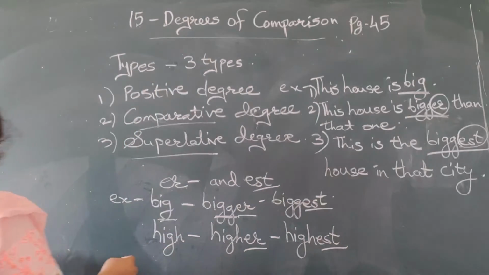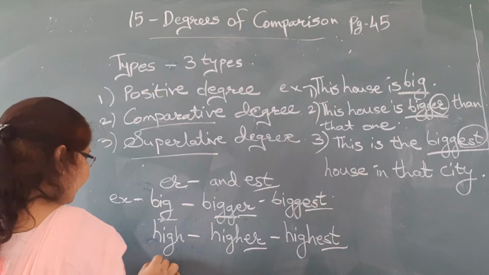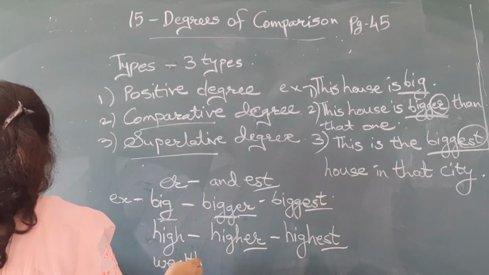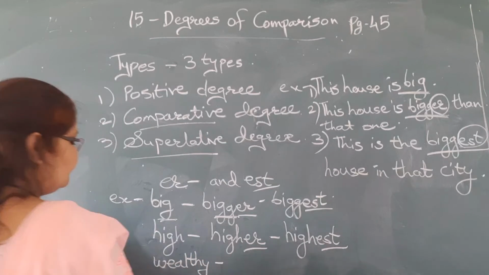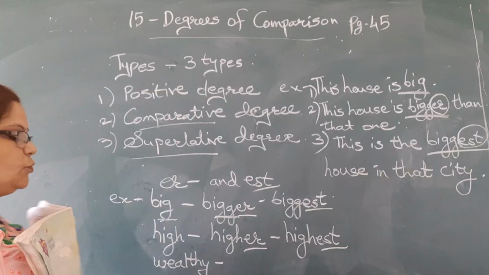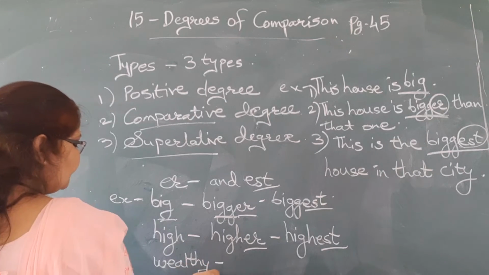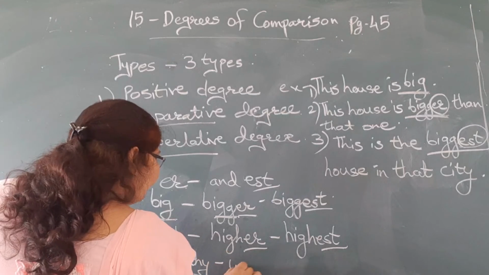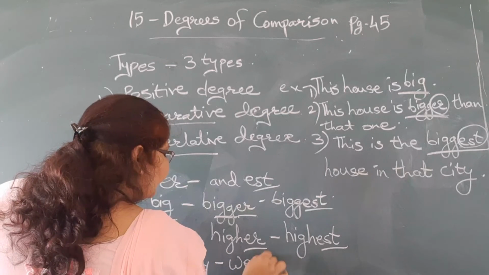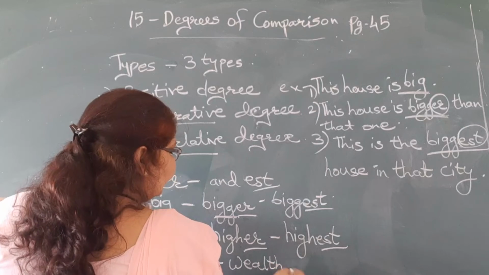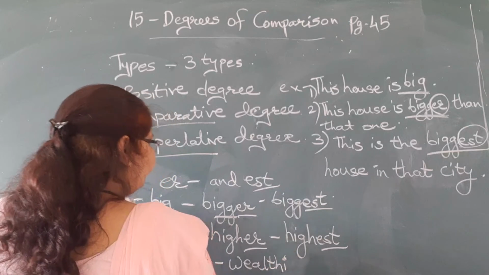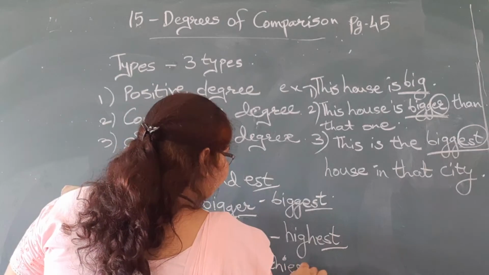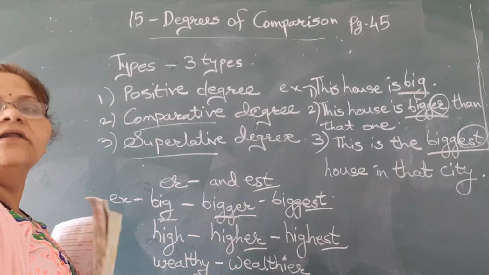So, an example: wealthy. Having more money is known as wealthy. What is at the end? Y. Instead of writing Y, what are we going to write? WEALTH and I. We don't have to write Y. Then we write I and at the end for comparative we write ER.